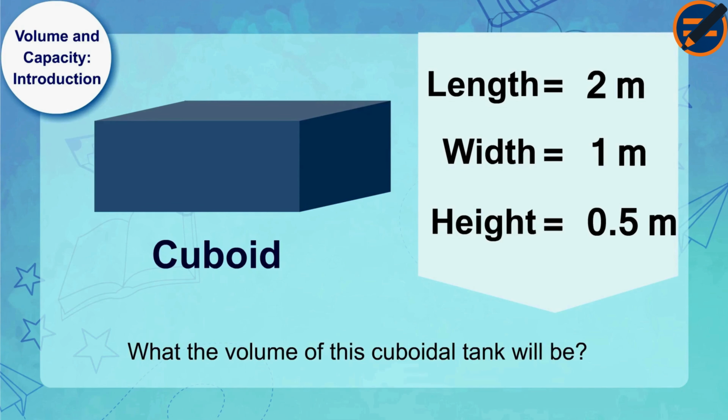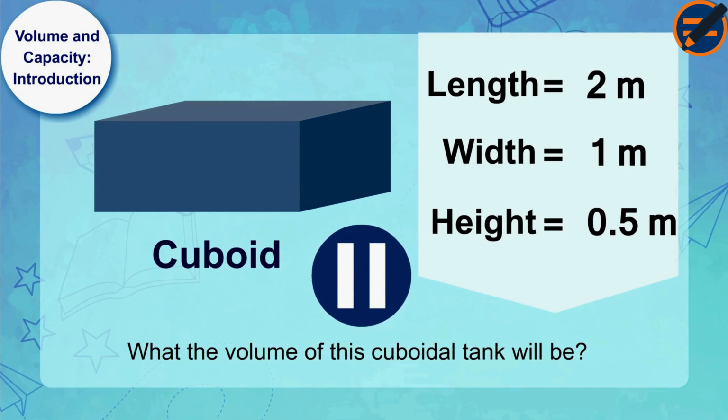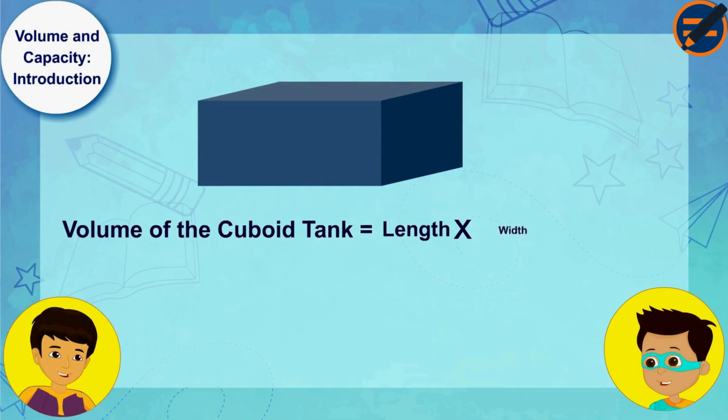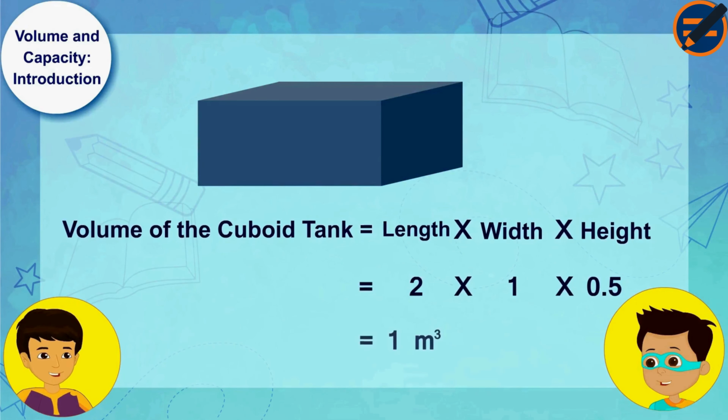Try it yourself by stopping the video and then match your answer. On solving in this way, we can see that the volume of the cuboid tank is 1 cubic meter.